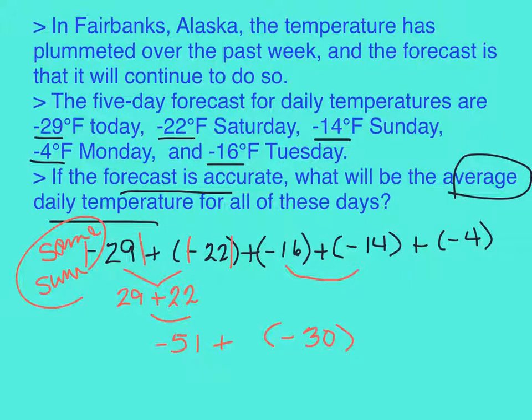But again, we're adding here, so we're always going to be finding the sum of these absolute values from these integers. So I've got 16 plus 14 here, which gave us the negative 30. And then I'm going to bring down this plus negative 4.